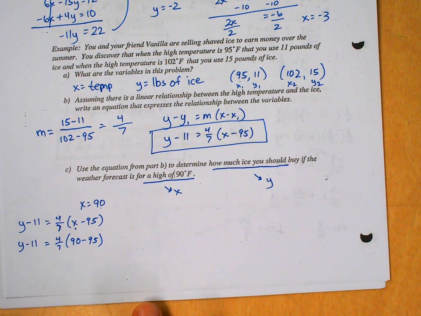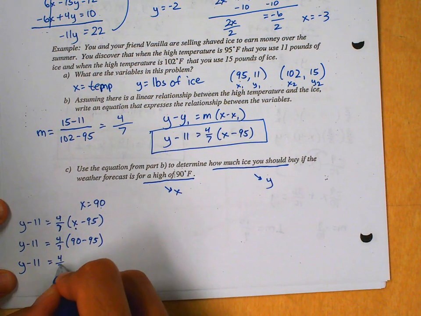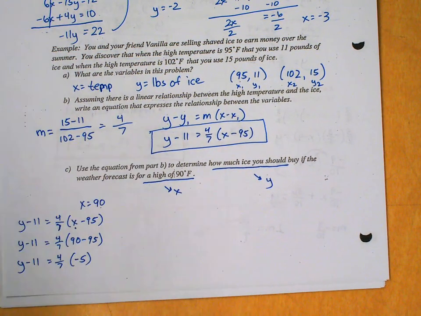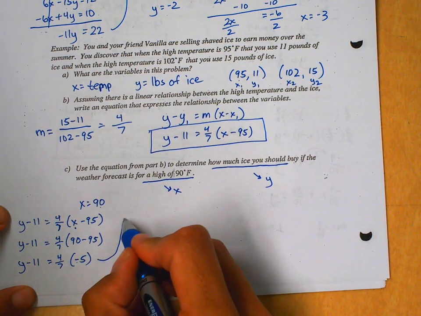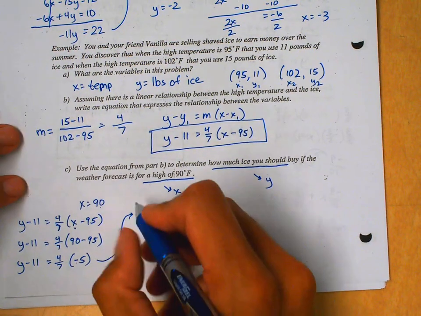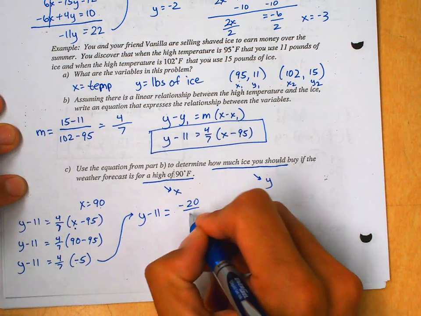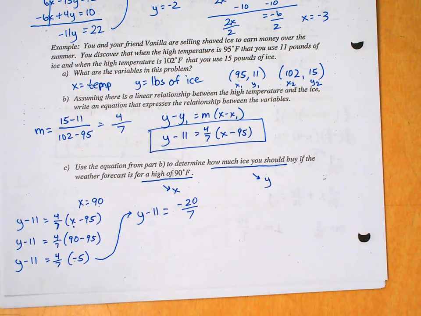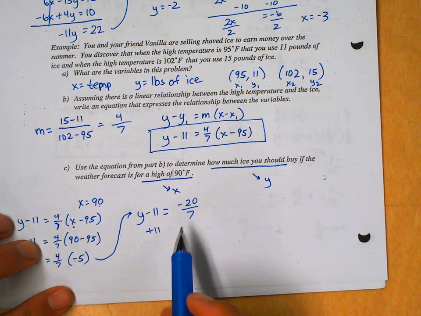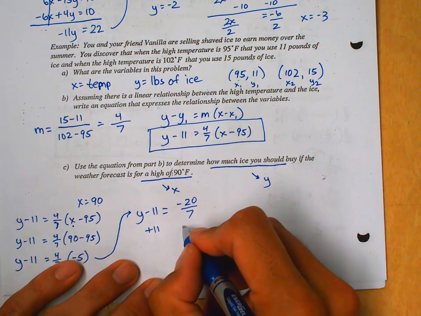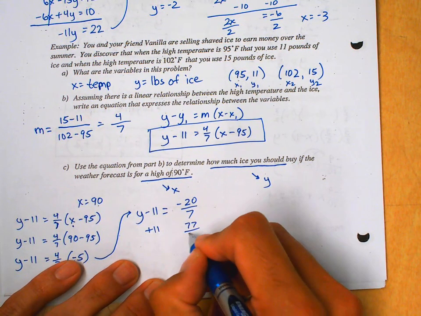And so y minus 11 equals 4 over 7 times negative 5. 5 times 4 is 20, so I'm just going to bring this where I have a little more space over here. It's going to be y minus 11 equals negative 20 over 7. And then we're going to add 11 to the other side. Now in order to add these, I'm going to need a common denominator. So 11 is 77 over 7.